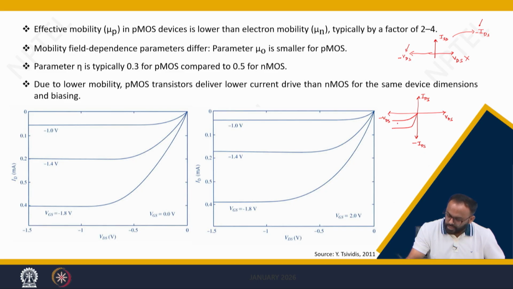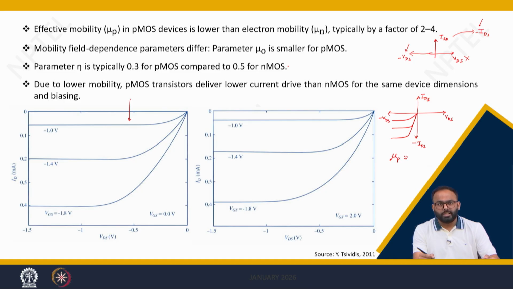With the same consideration that when you vary VGS, the current increases and gets saturated. So this curve is the same as the n channel transistor, but a flipped version, correct. Here we need to see that the mobility of holes is very low, approximately 3 times less than the n channel transistor, and hence the current is also less.